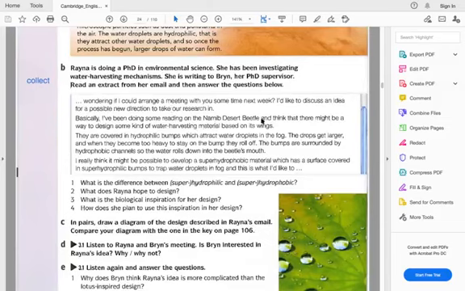بتتكلم على إيه؟ بتتكلم على Namib desert beetle، نوع من أنواع البيرلز. Alright?